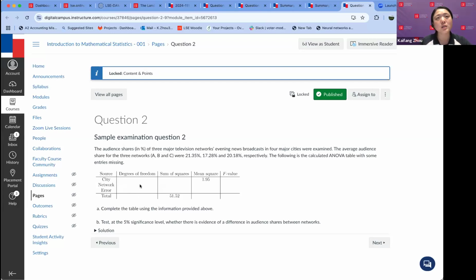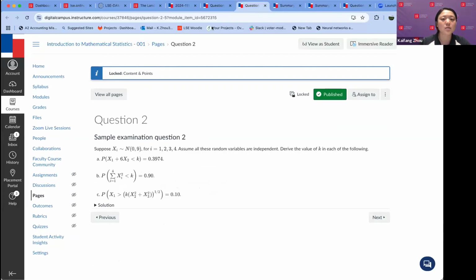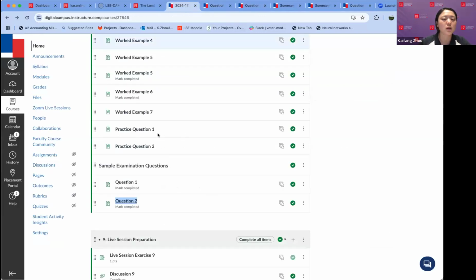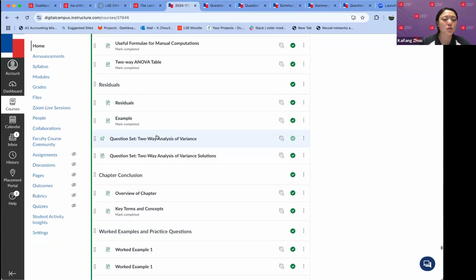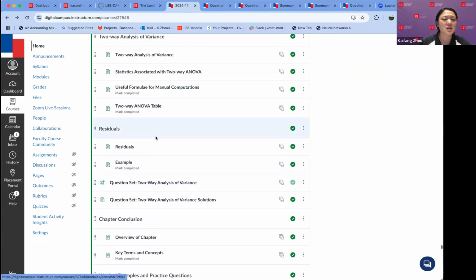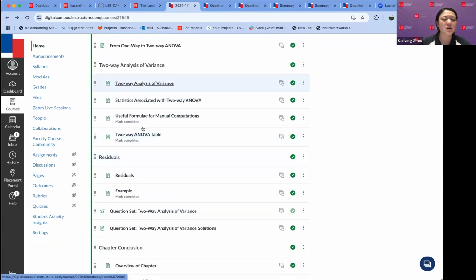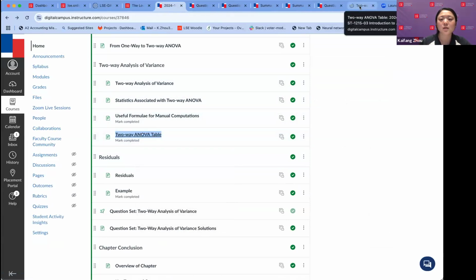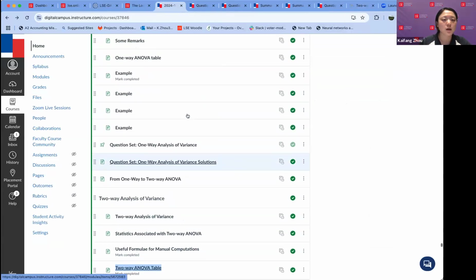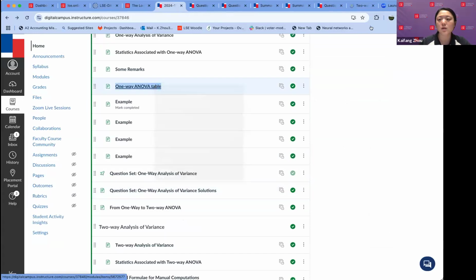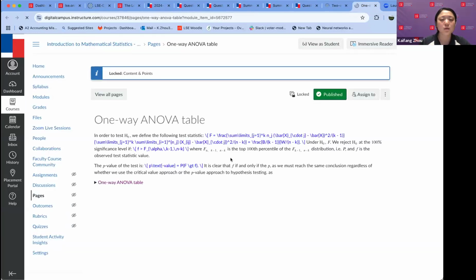There's a formula in your notes which I want to show you. This one is for the one-way, and we're going to see the one-way first.